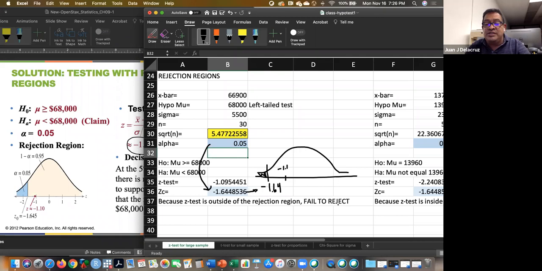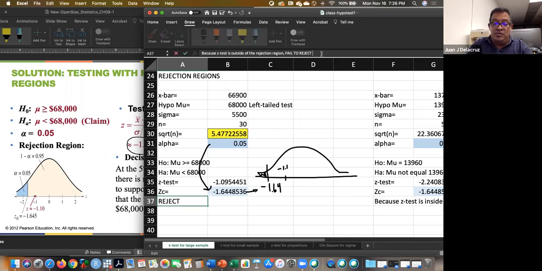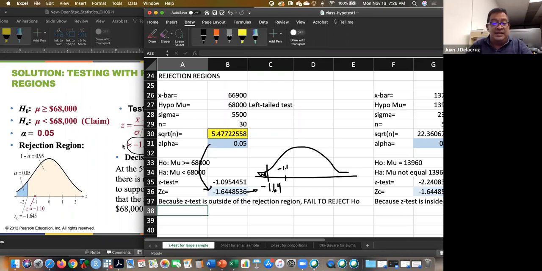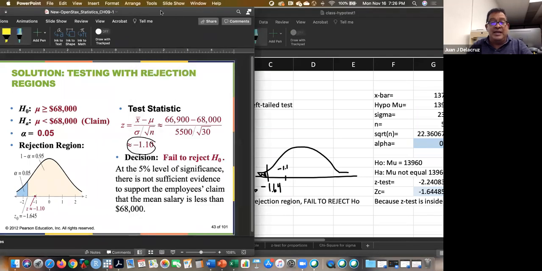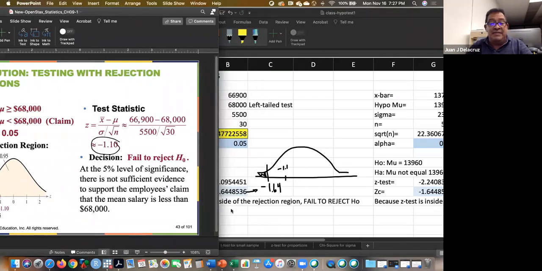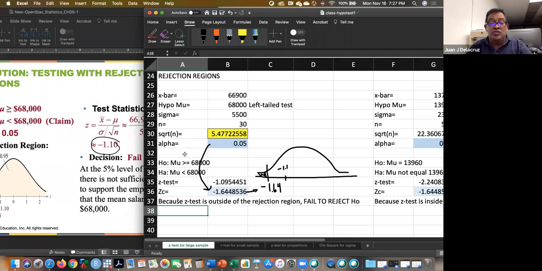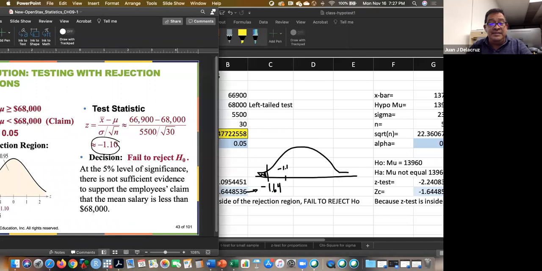Thus, we fail to reject. So I'm going to say the following: because the C-test is outside of the rejection region, we fail to reject H naught, right? And then we can say that at the 5% level of significance, there is not sufficient evidence to support the claim that the employees' mean salary is less than 68,000.